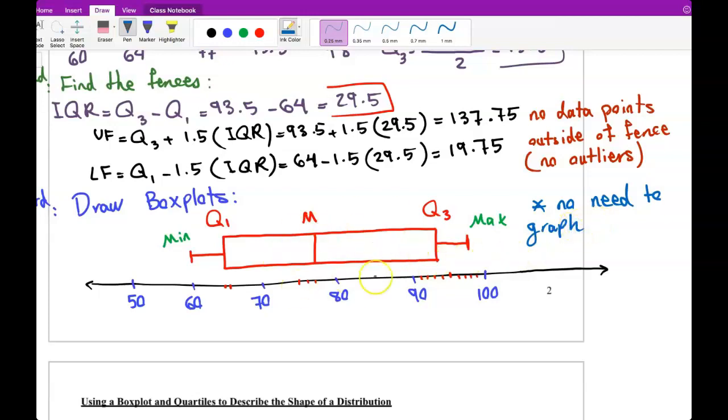Usually when it's asking to draw a box plot, we only need this 5 number summary. So no need to graph fences if there are no outliers, unless told to do so.